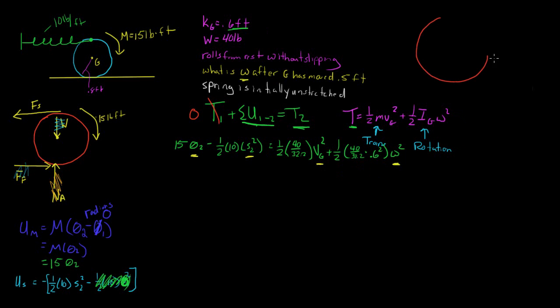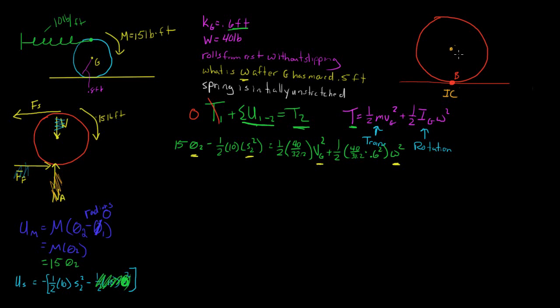If we take a look at this wheel, we'll notice that at this point right here, let's call this point B, my velocity of B is equal to 0, because a wheel that's rotating on the ground at that instant has a 0 velocity at the point of contact. So this is my instantaneous center of 0 velocity.